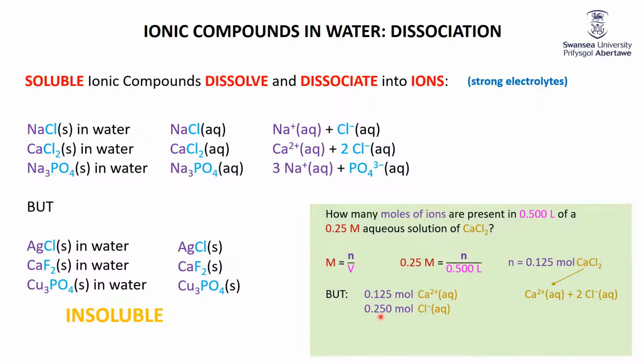There's 2 chlorides in every calcium chloride. 0.125 times 2 is 0.25. So therefore, in total, how many moles of ions do you have floating around? Because each calcium chloride gives us 3 ions, we have a total of 0.375 moles of ions. The 0.125 moles of the calcium chloride times 3, because this splits into 1, 2, 3 ions.